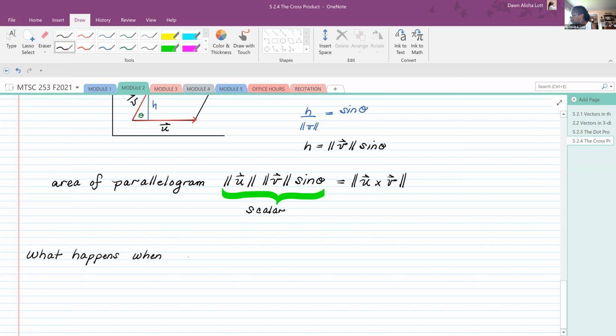When we commute, excuse me, U cross V and calculate V cross U. Okay, so this is the right-hand rule.